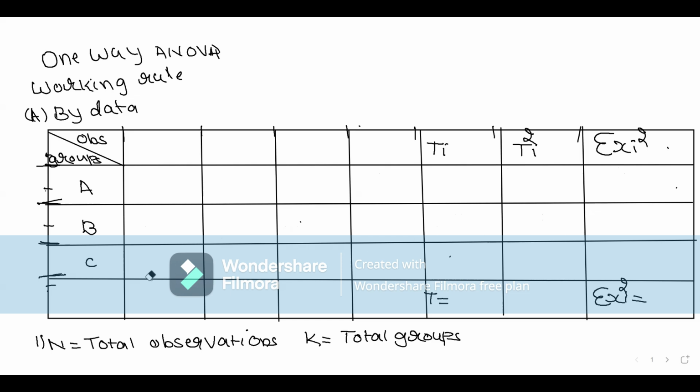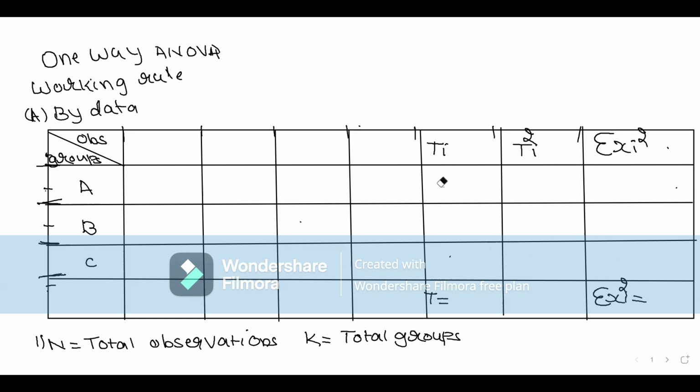Next, for the C group, this plus this plus this plus this equals the Ti value. Take the square of this Ti, that becomes the Ti square. And this square plus this square plus this square plus this square is the summation of xi square.